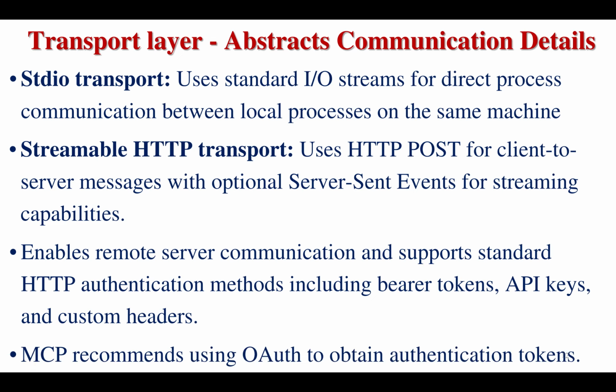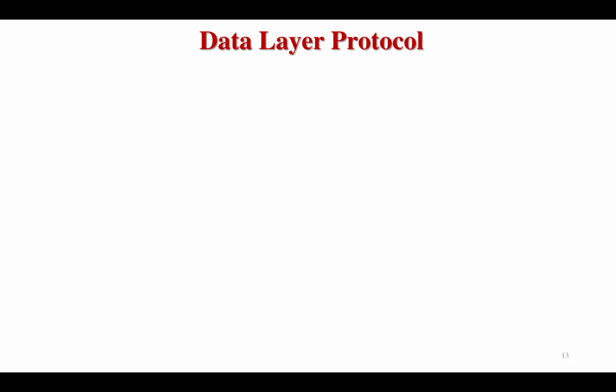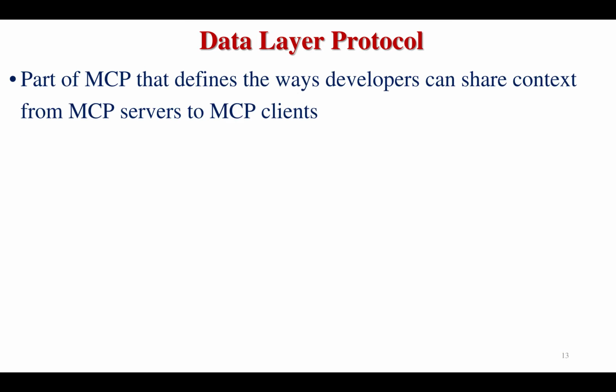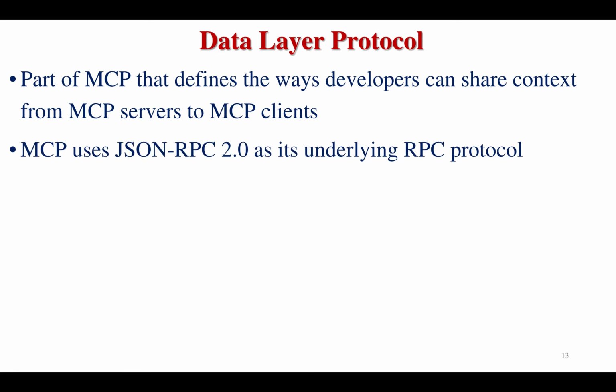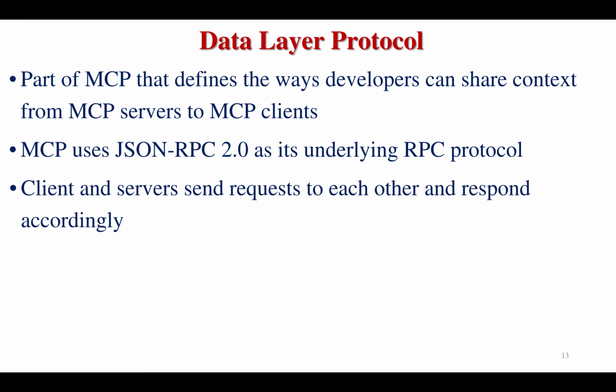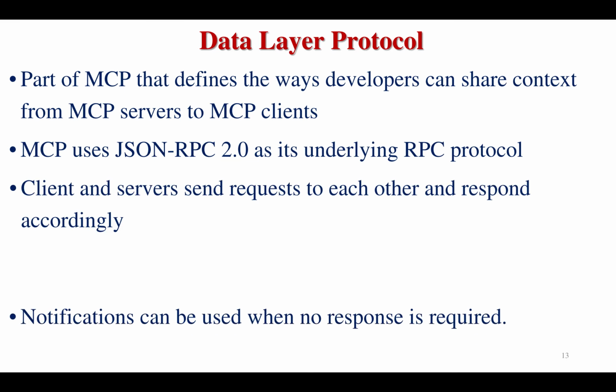And MCP usually recommends OAuth to obtain authentication tokens. When we look at the data layer protocols, this is the part of the MCP that defines the way developers can share context from MCP servers to the MCP clients. MCP uses JSON-RPC 2.0, the underlying RPC protocol, and client and server send requests to each other and respond accordingly.